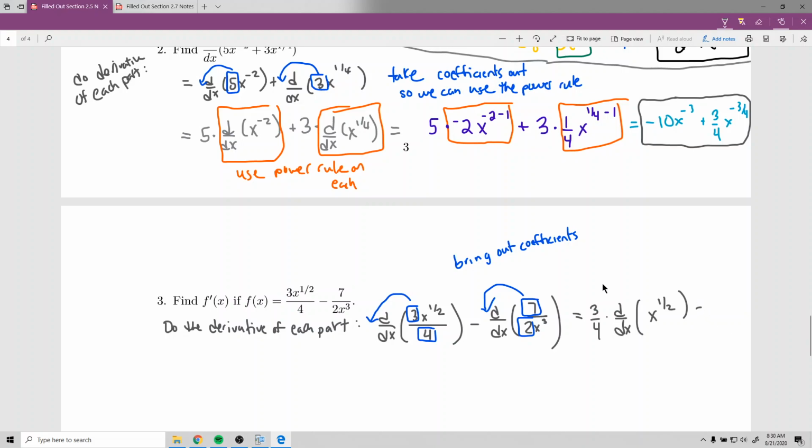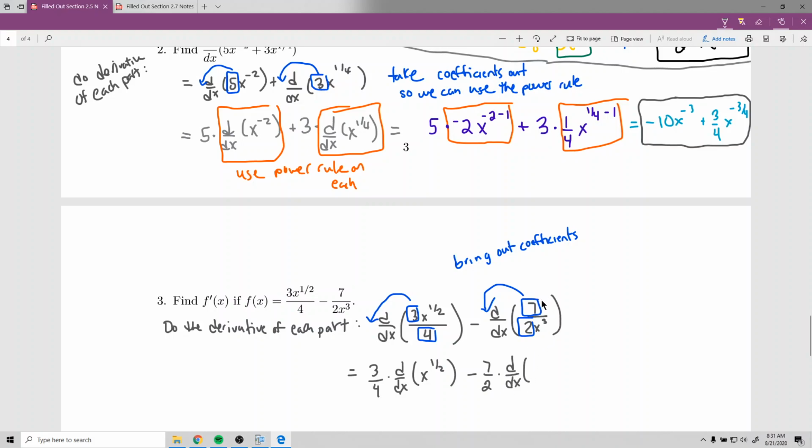Then we have minus. The second one, we bring out the 7 on the top and the 2 on the bottom, times the derivative. My apologies, I'm going to rewrite it below so I have enough room. So we got 3 over 4 times the derivative of x to the 1/2 in the front minus the 7 over 2 times the derivative.